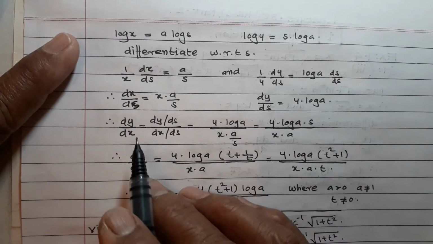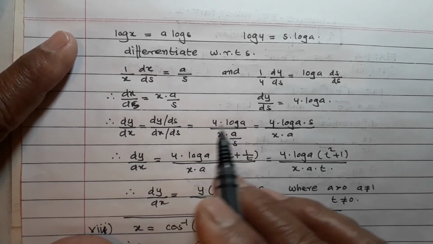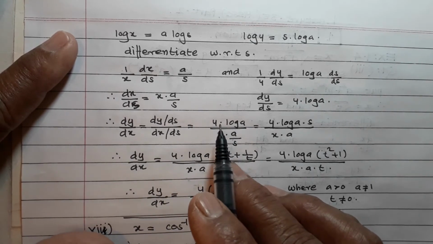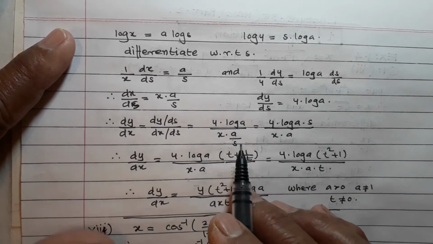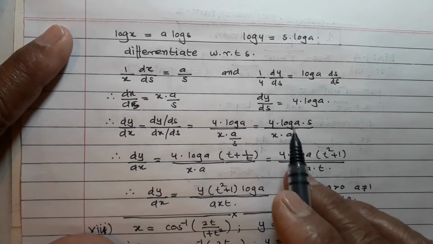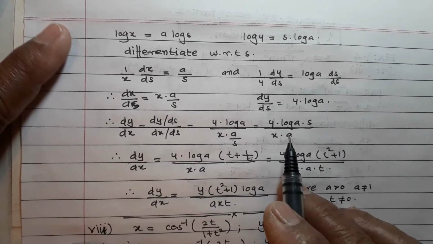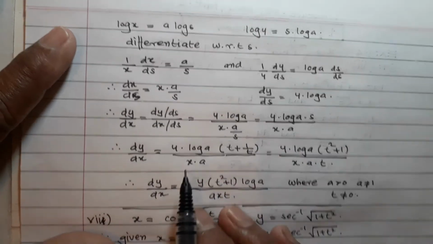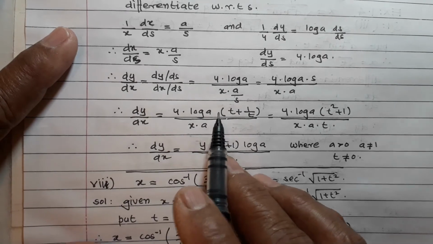Therefore dy/dx is equal to (dy/ds) upon (dx/ds), which is equal to y log a upon a into a upon s. So dy/dx is equal to y log a into s upon x into a, and therefore dy/dx is equal to y log a.